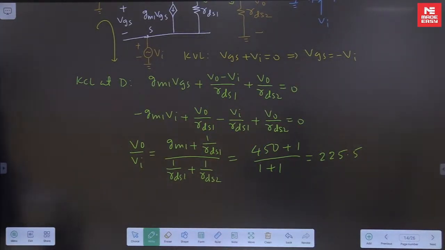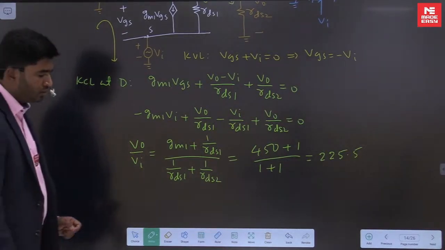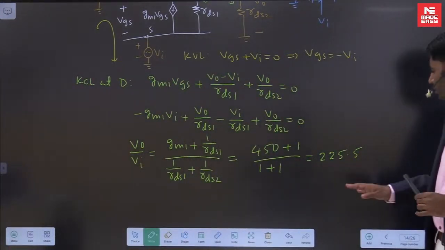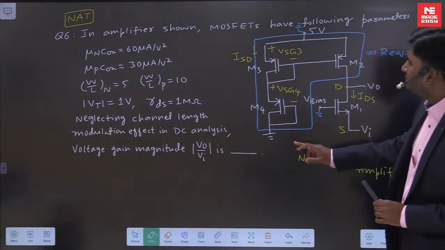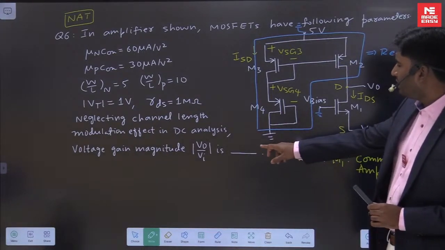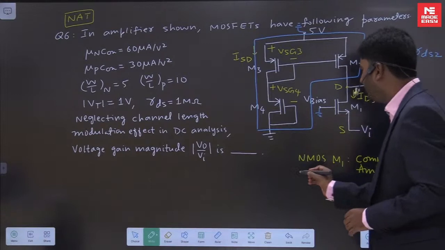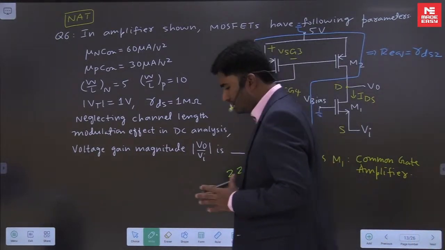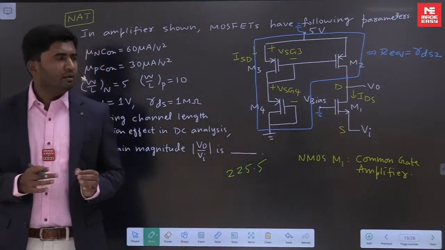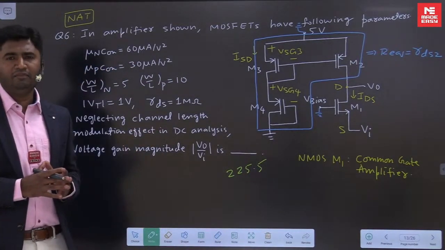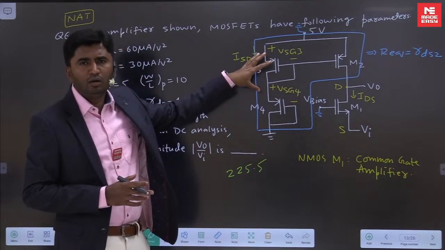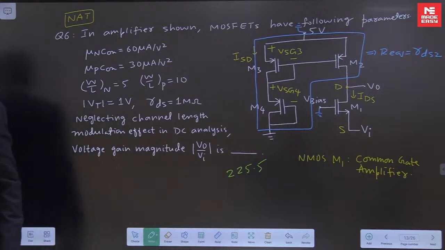It's a numerical answer type question, so the correct answer will be 225.5. The voltage gain magnitude is 225.5. So this was a question based on a common gate amplifier, having a current mirror as a load. I hope everybody understood it.